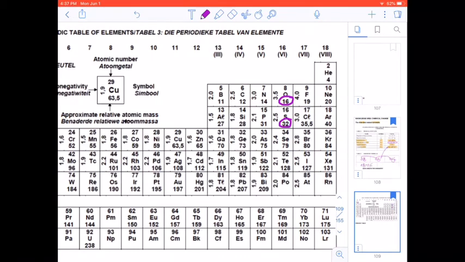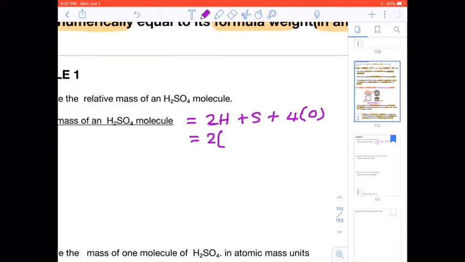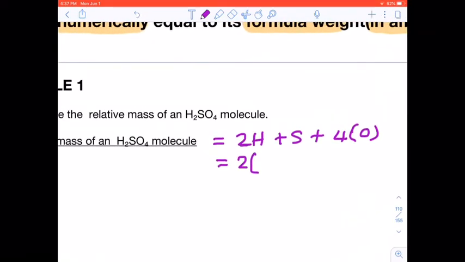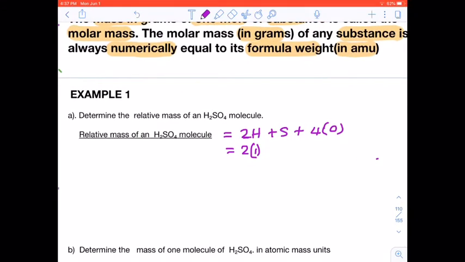So hydrogen we said is 1, and sulfur is 32 plus 4 times 16, which is 64, and that gives us 98. 98 is the relative mass of one molecule of H2SO4.